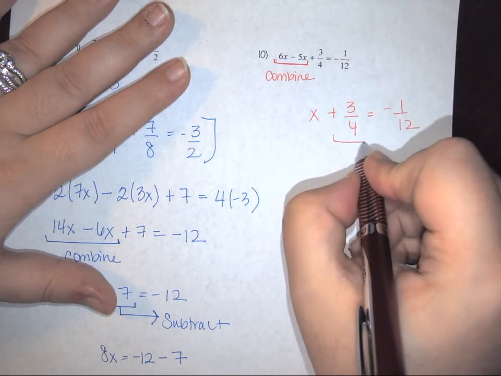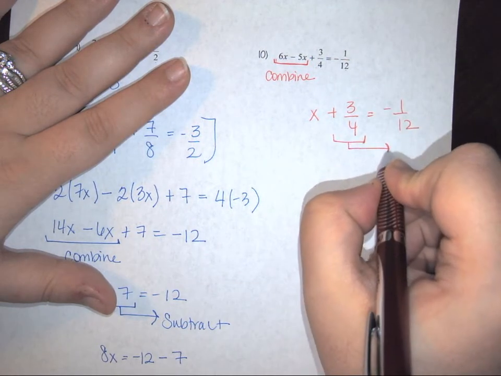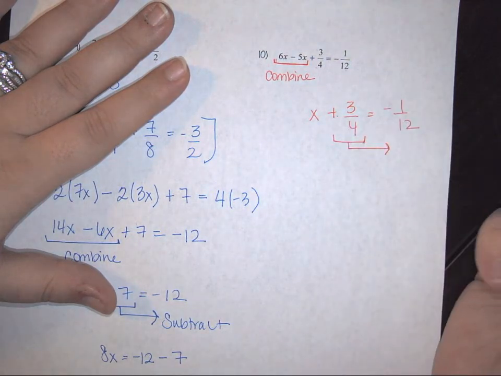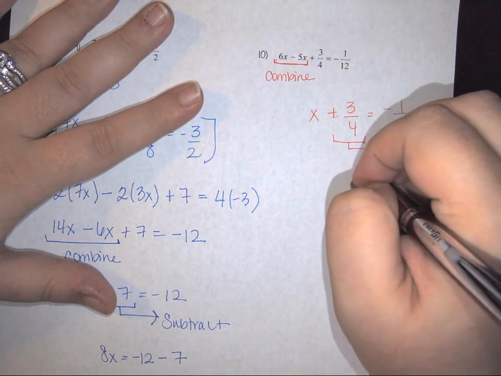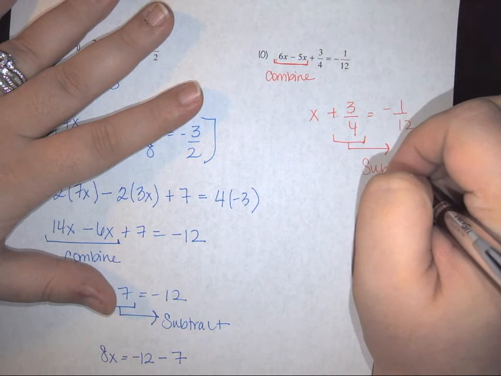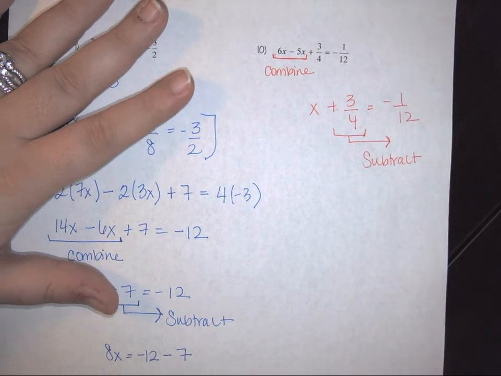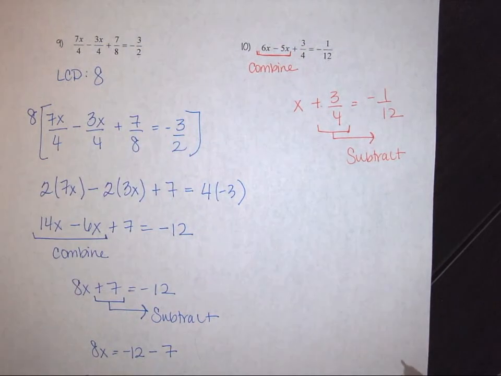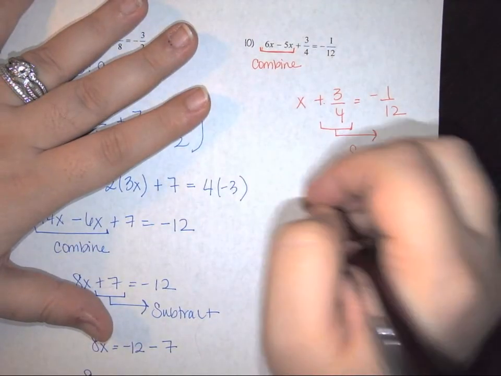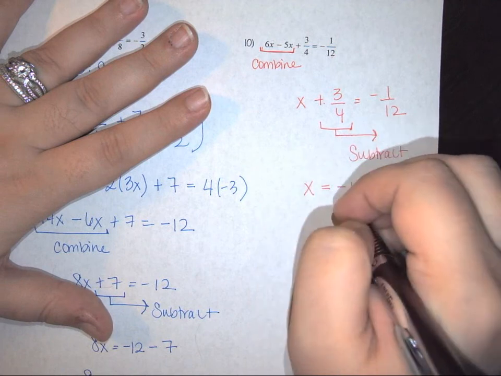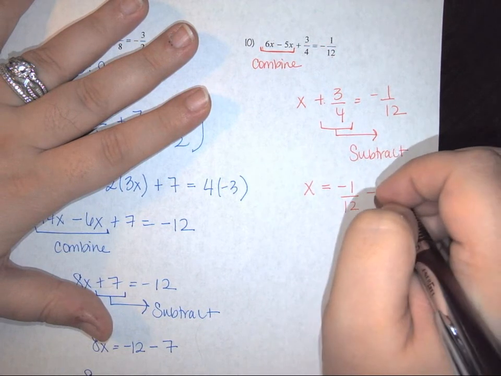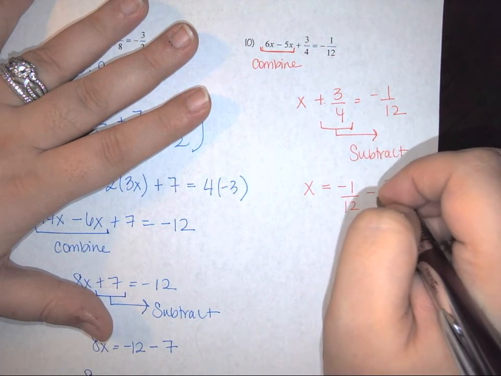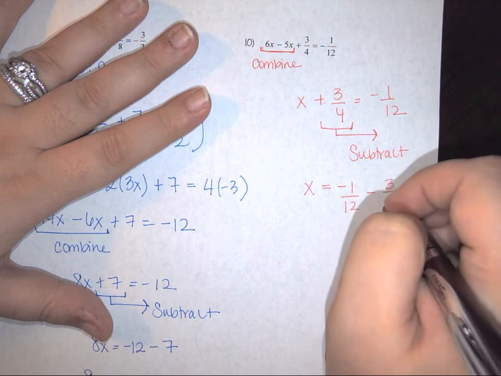I'm going to take this 3/4 fraction and move it. It is positive, so again to move it I have to subtract. In subtracting, I'm going to have to find a common denominator. So here I'm going to have x is equal to negative 1/12 minus 3/4.